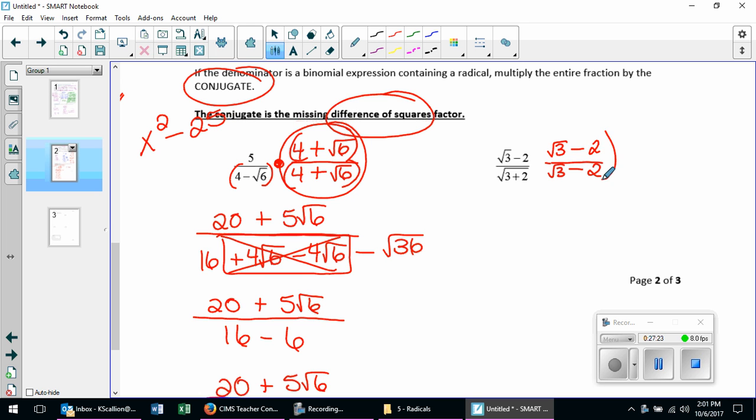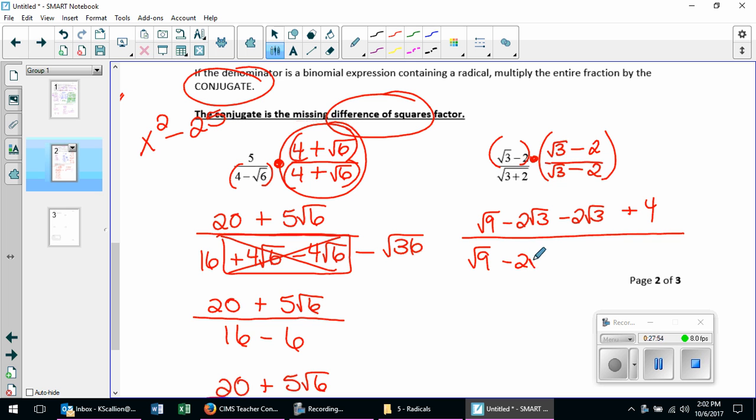This question has appeared on my tests and quizzes, and people always put a plus on the top of the equation, because then that changes the value of the equation. So on the top, I've got two binomials: root 9 minus 2 root 3, and then negative 2 root 3 plus 4, all over root 9 minus 2 root 3.